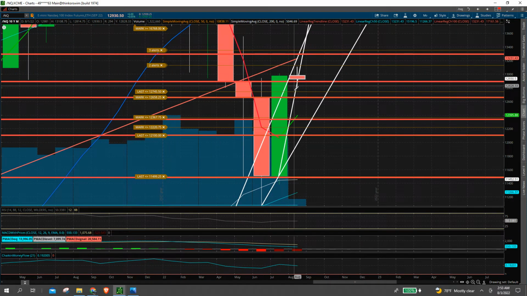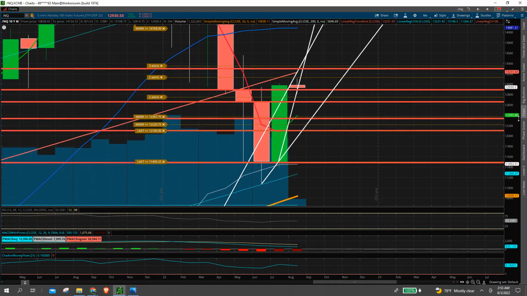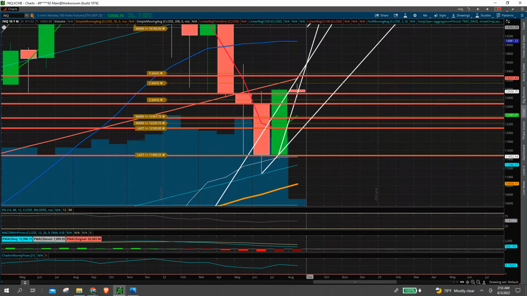So if we pull back and do a retracement on the monthly, my assumption would be that it would be more of a buy the dip to continue the trend higher.